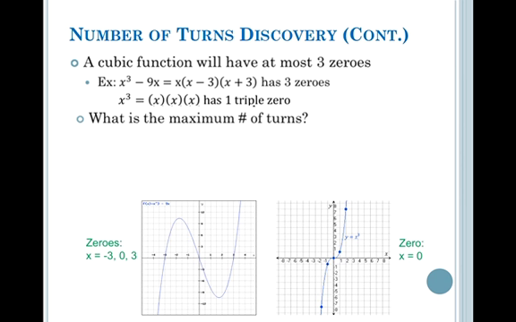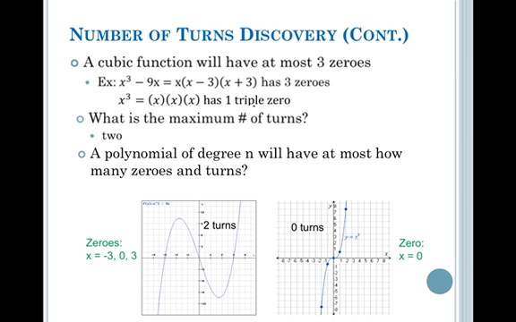All right, so what was the maximum number of turns here? Well, in our first graph, our cubic function actually has 2 turns. It changes direction twice. In our second graph, it doesn't have any turns. So it looks like the maximum number of turns for a cubic polynomial would just be 2.